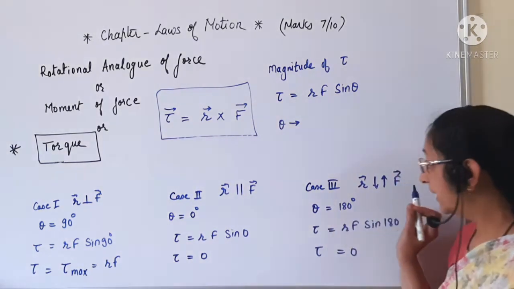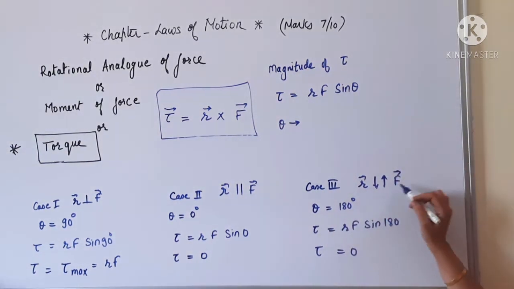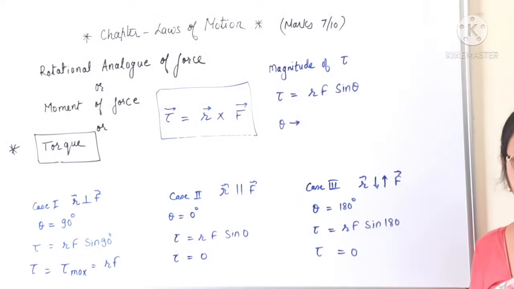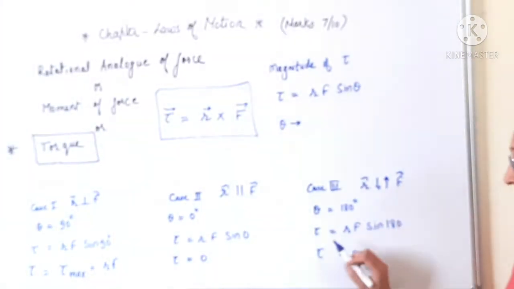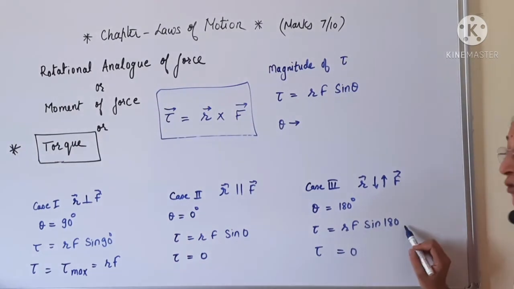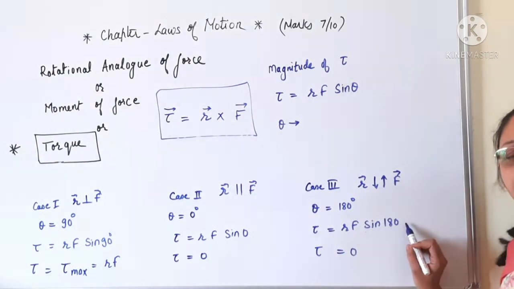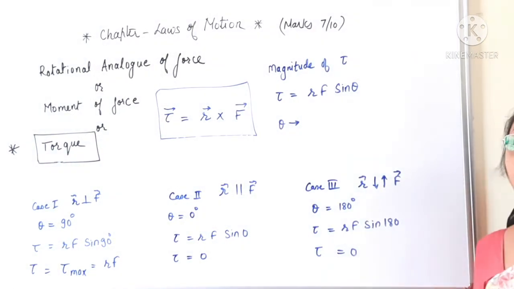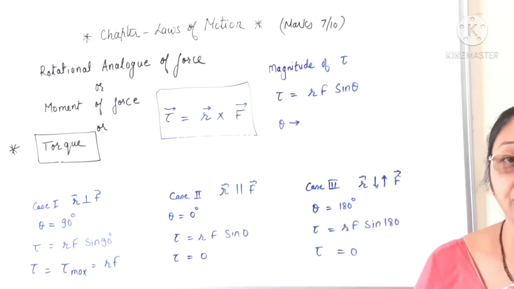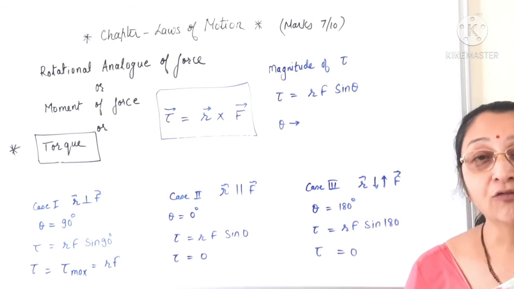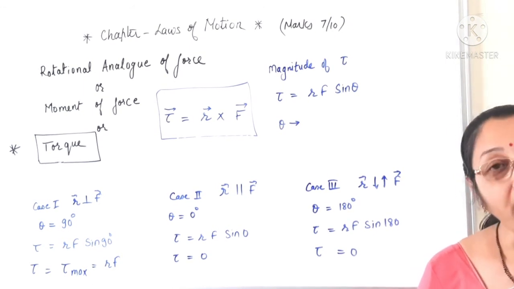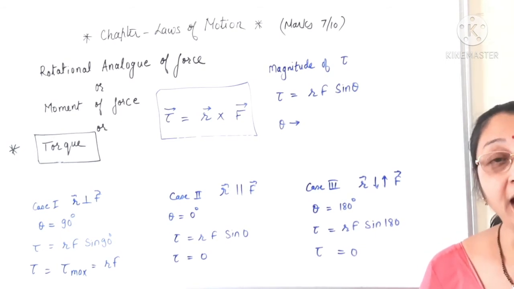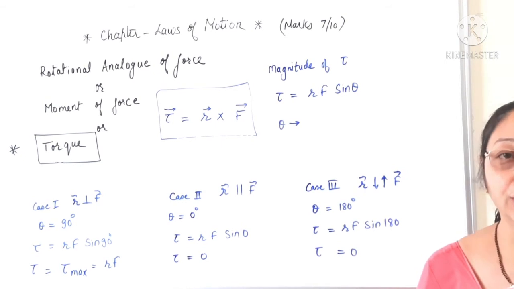In the third case, if R and F are anti-parallel, that is, theta is equal to 180 and they are in opposite directions, then tau is R into F into sine of 180, but sine of 180 is 0. So tau is equal to 0. So in both cases, the torque is never applied if the directions of R and F are parallel or anti-parallel, and torque is maximum when R and F are perpendicular to each other.